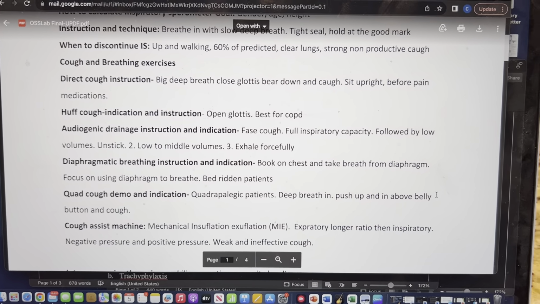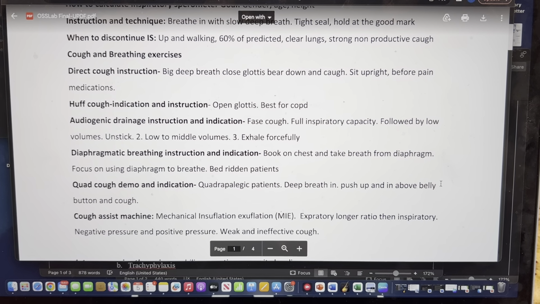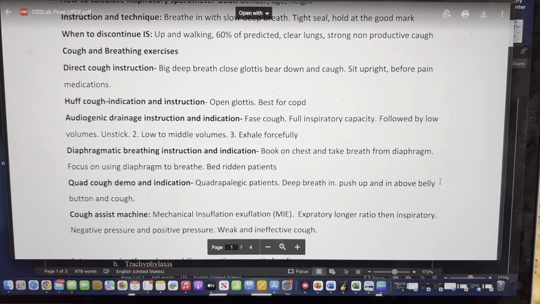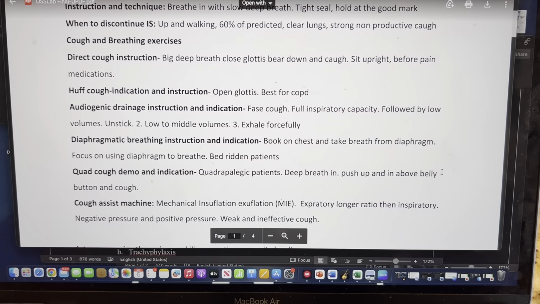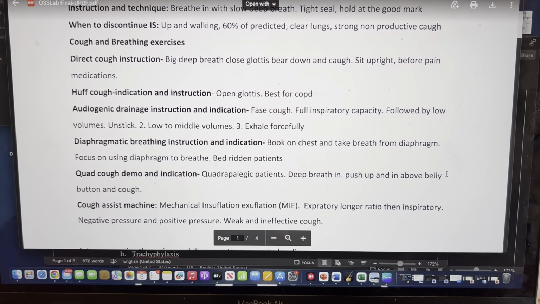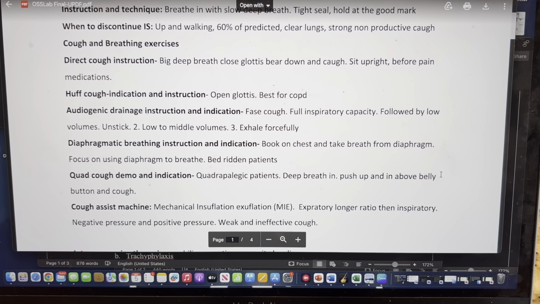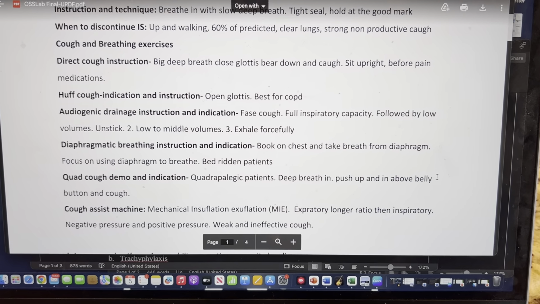Autogenic drainage instruction and indication. Autogenic drainage is a phase cough. First phase is full inspiratory capacity: inhale through your nose, close glottis, bear down. Then breathe out, followed by low volumes, which is the unsticking phase.